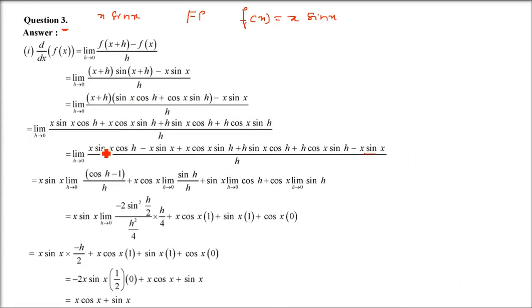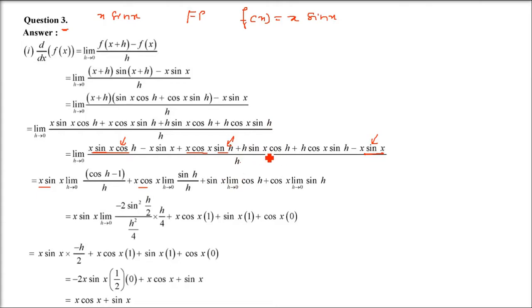So we take x sin x common from x sin x cos h and minus x sin x. So cos h minus 1 will come, and then we have x cos x sin h. Everything is divided by h, so h will come everywhere. We take x cos x outside, and then sin h by h will come, so this is also done.